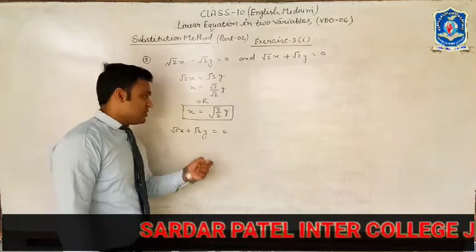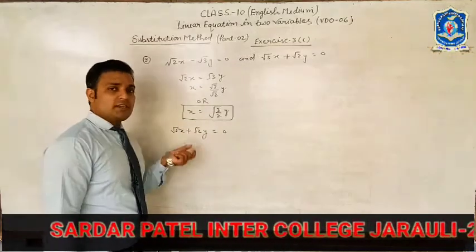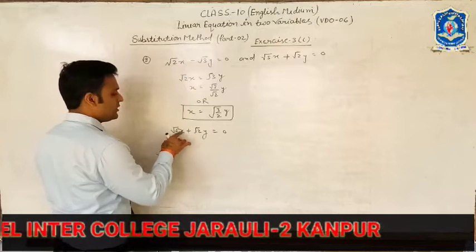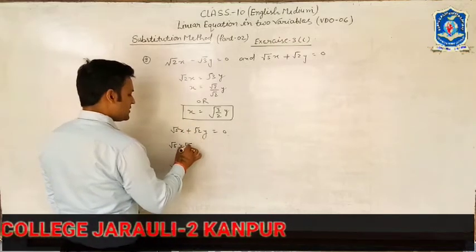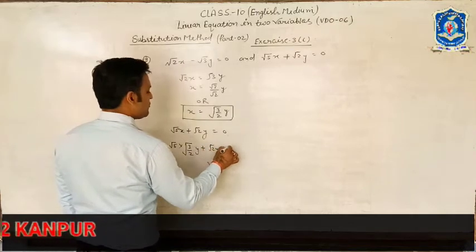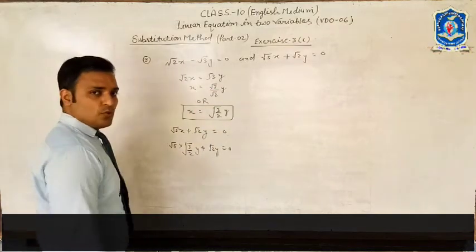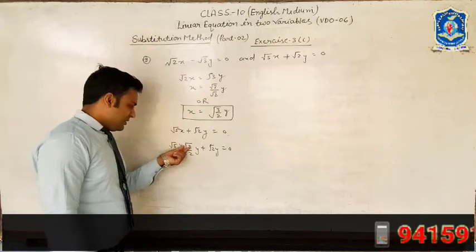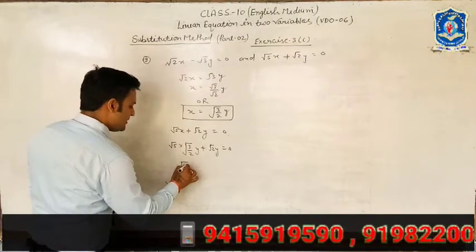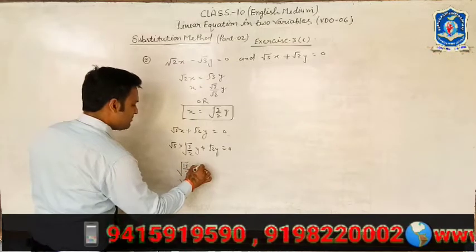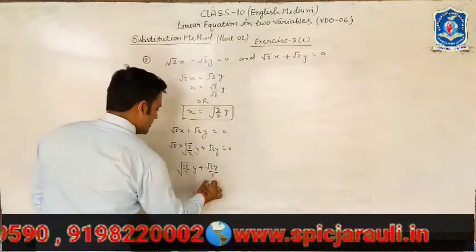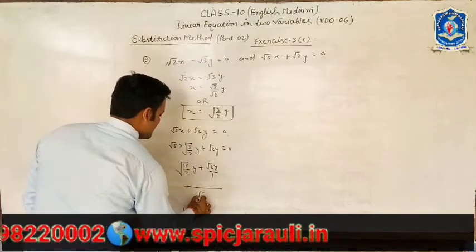Then equation second is root 5 into x, root 3 by 2 y, plus root 2y is equals to 0. After multiplying, the result is root 15 by 2 y plus root 2y upon 1, and the LCM is root 2.